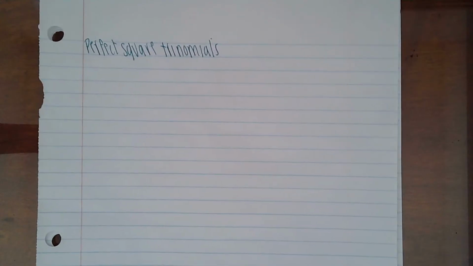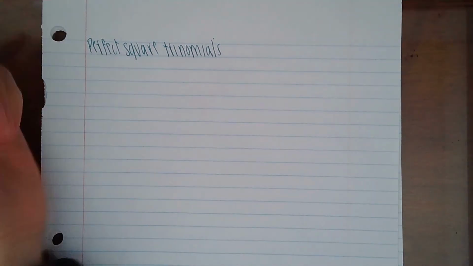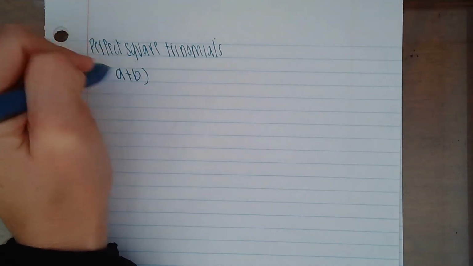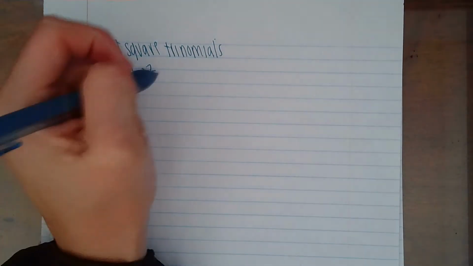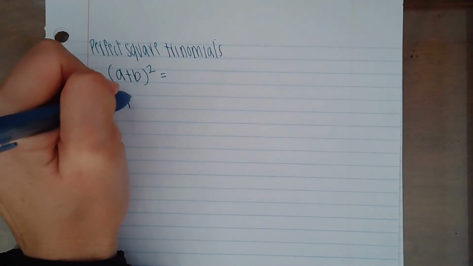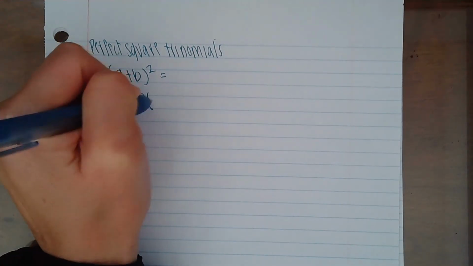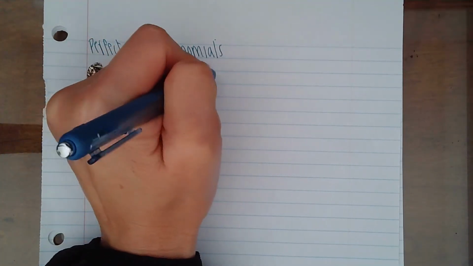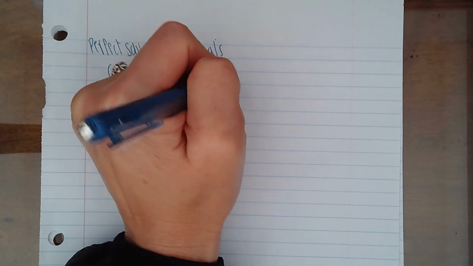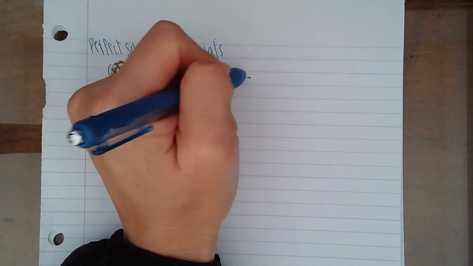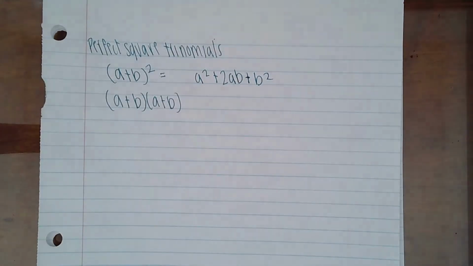Perfect square trinomials can come in one of two ways. You might have seen how we have a plus b and we square it. Well, if you were to actually multiply that out, a plus b times a plus b, you would get a squared plus 2ab plus b squared.